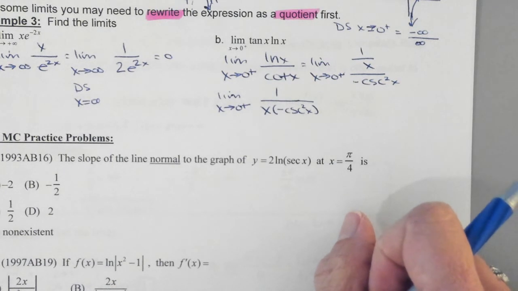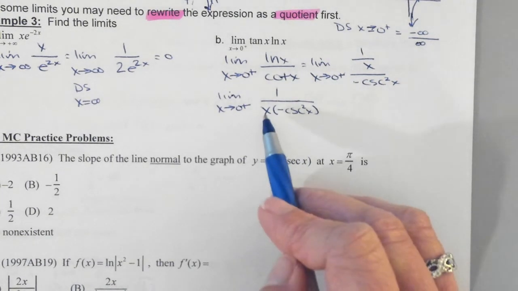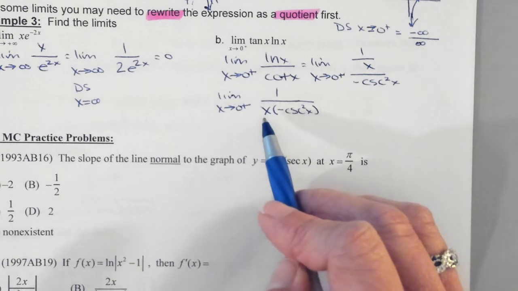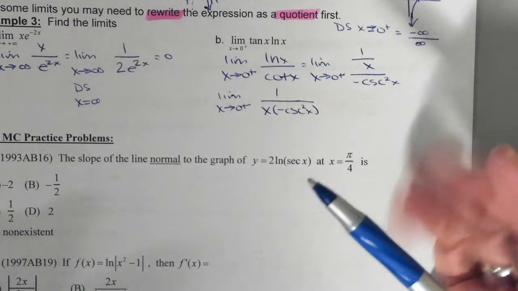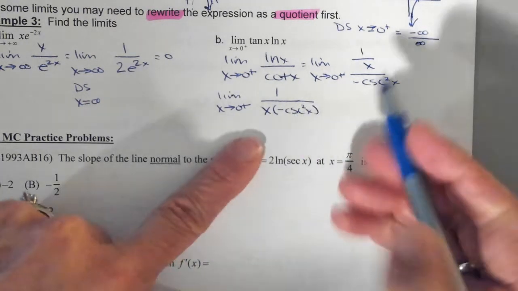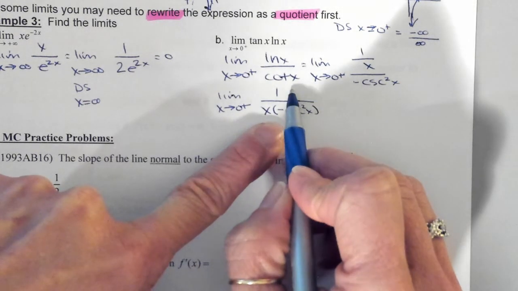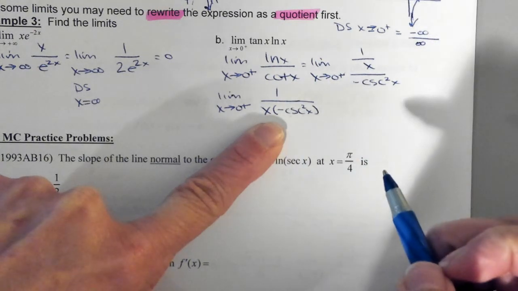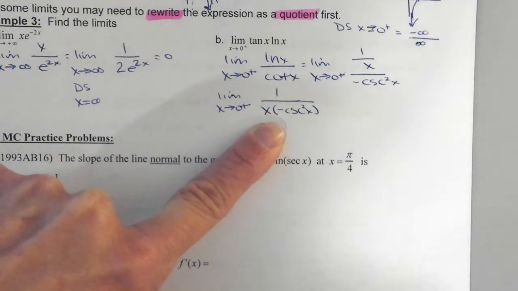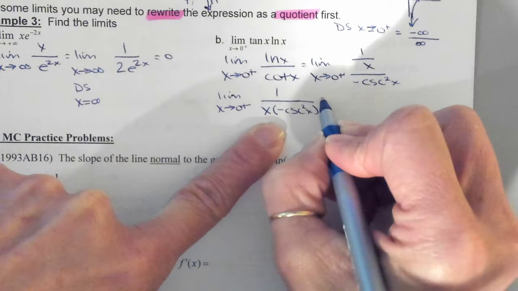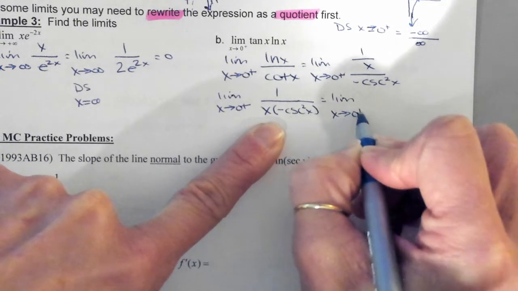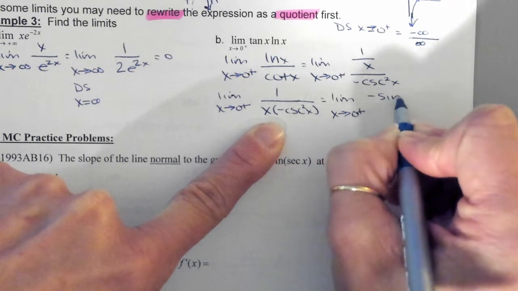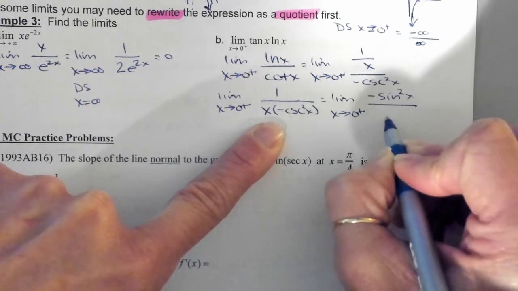What's the problem? Even if I plug in just for this, isn't it undefined? Okay, so can I rewrite this? How can I get this up here? Make it sine squared, right? So this is the limit as x approaches 0 from the right of negative sine squared of x over x.